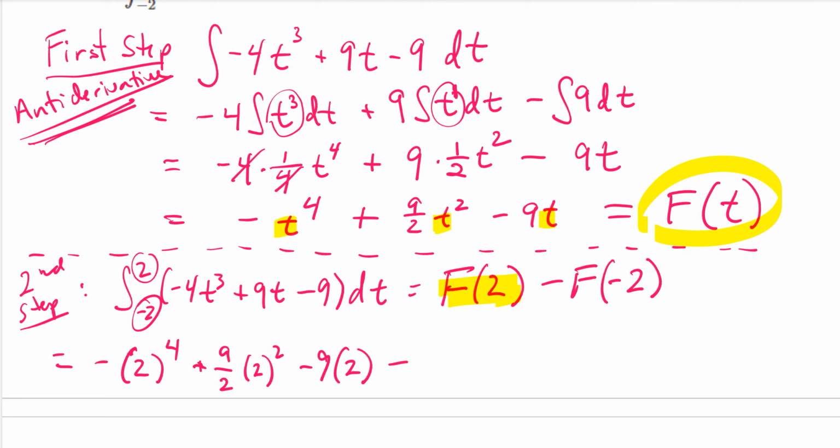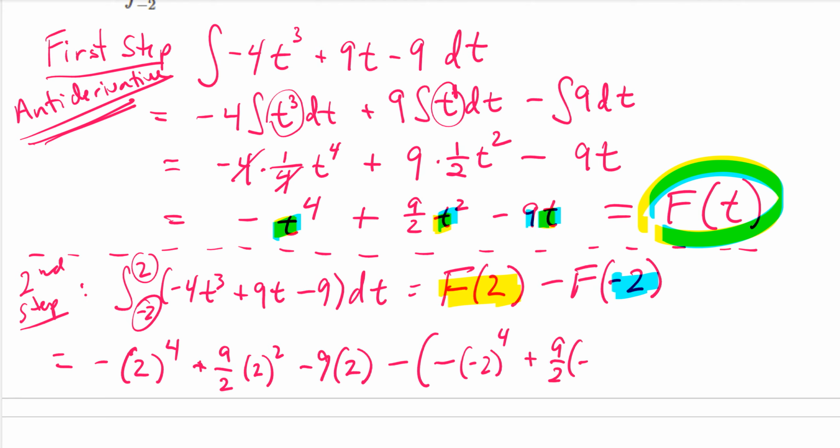Now from that, we need to subtract what we get when we plug in the number -2 to the antiderivative. So that will be minus, in parentheses, -2 to the fourth plus 9/2 times -2 squared minus 9 times -2.